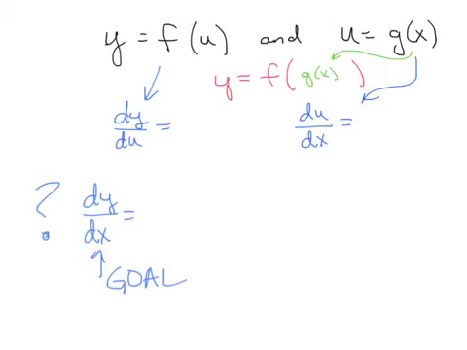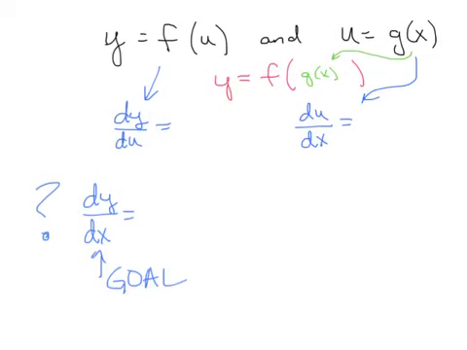Our goal is to find the derivative of y with respect to its variable, which is x, not u. Like we saw on that first slide, we had the sine of x squared plus 1. There was no u in the picture. There was an inside function, and we called it g of x. So let me show you how this works.